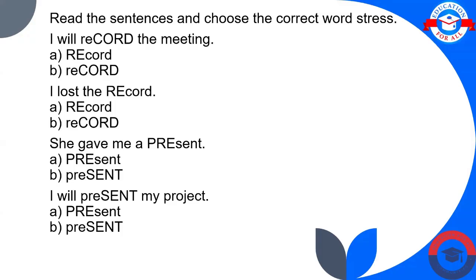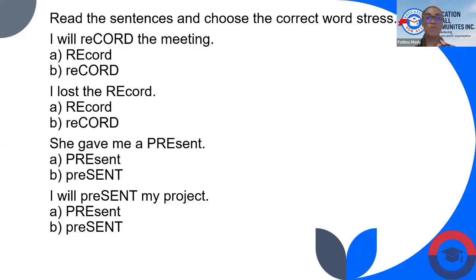Excuse me, what is your question? You ask what's the correct answer, A or B? Yes, because I gave an explanation before that. I talked about stress on a word, and I said if you change the stress, sometimes you can change the meaning of a word. We had the first example, with record and record.